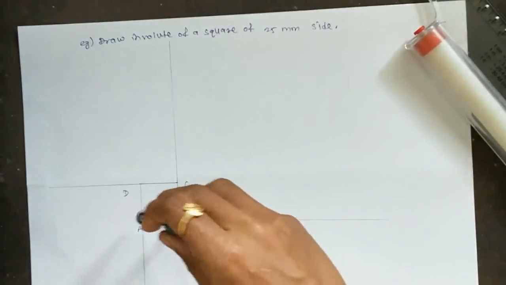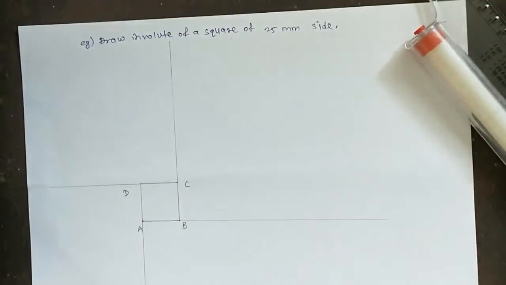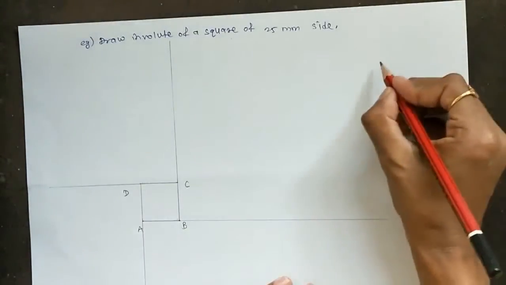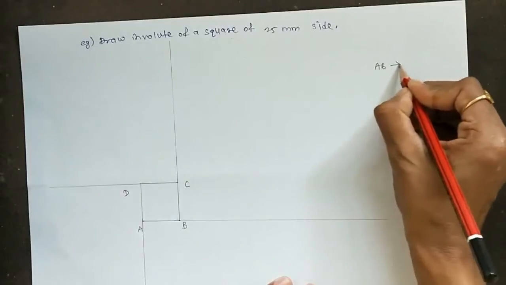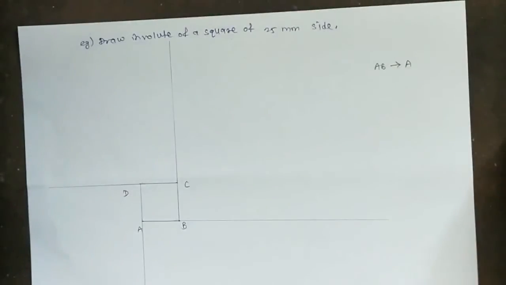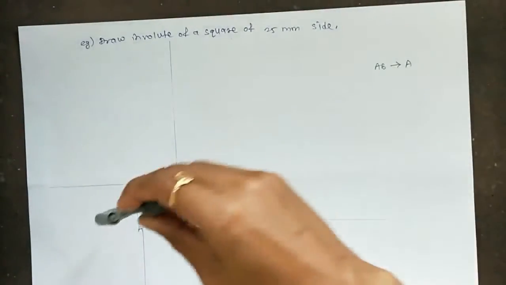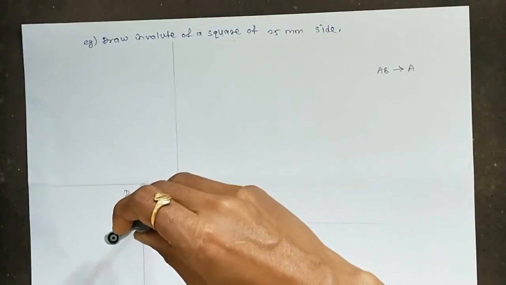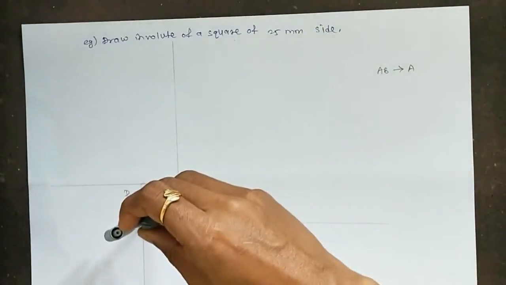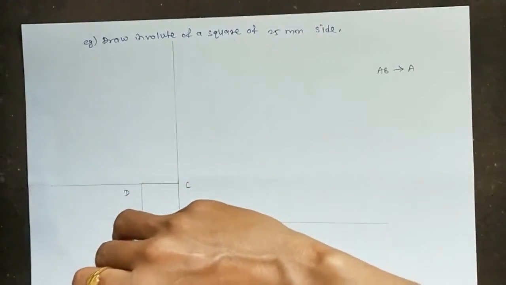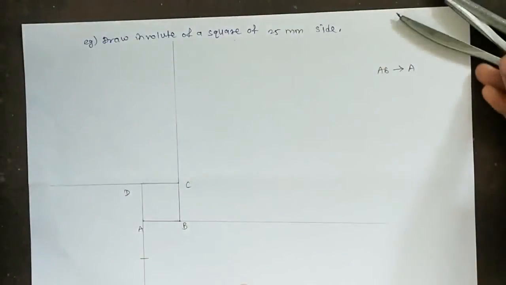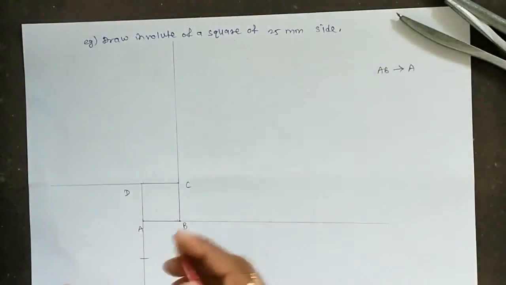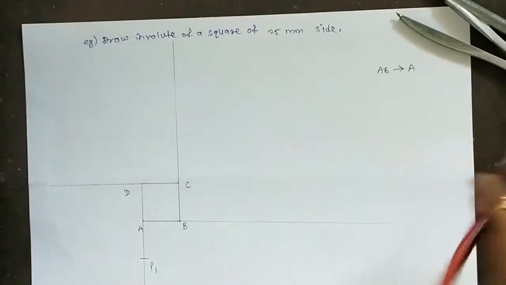So take distance AB and center point A. Draw an arc on this AD line and give name to this point as point P1.